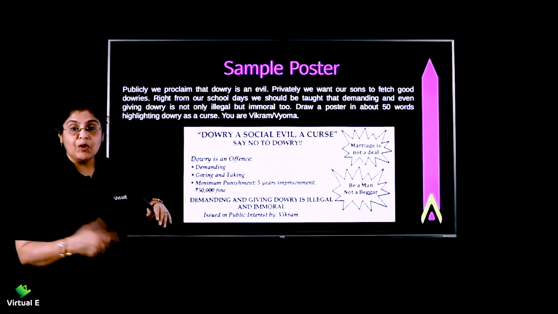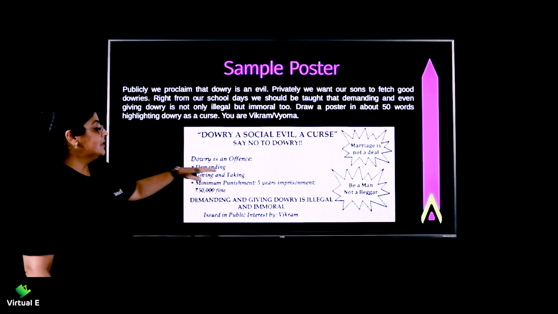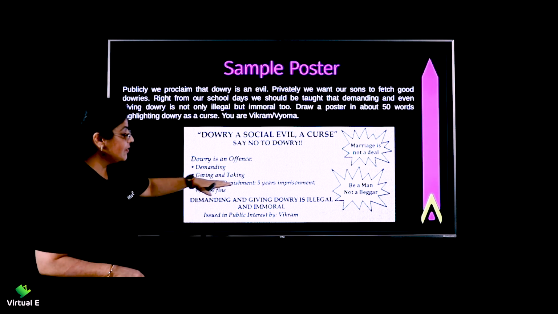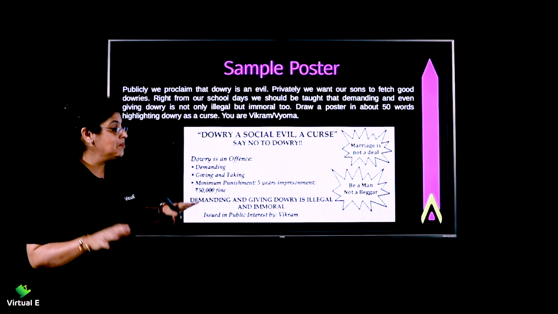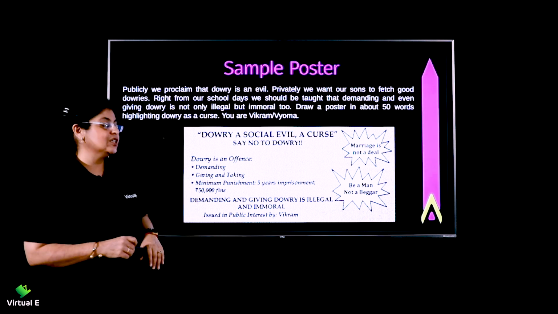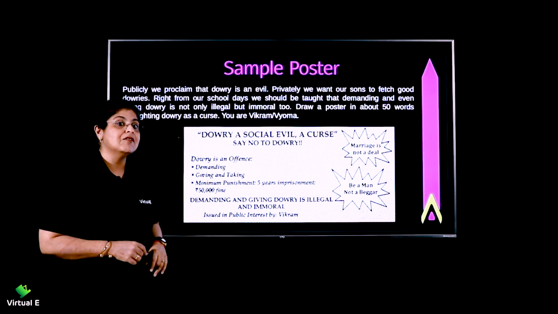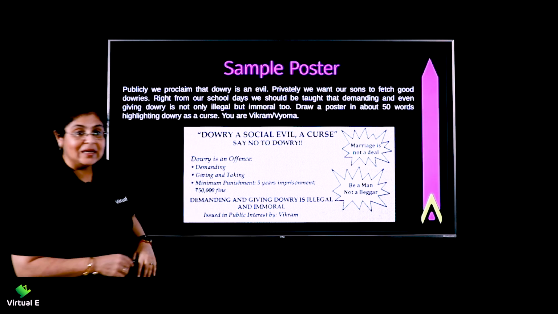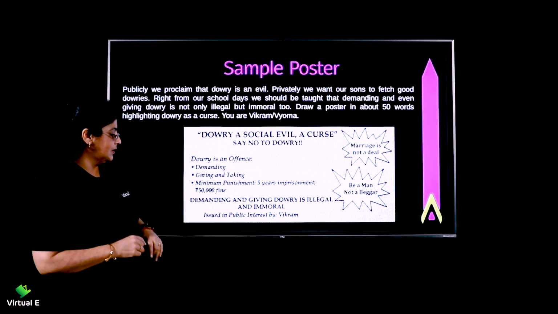Now, what are the important points you want to highlight here? Dowry is an offense. Demanding, giving and taking: minimum punishment, 5 years imprisonment and a 50,000 rupees fine. Demanding and giving dowry is illegal and immoral.